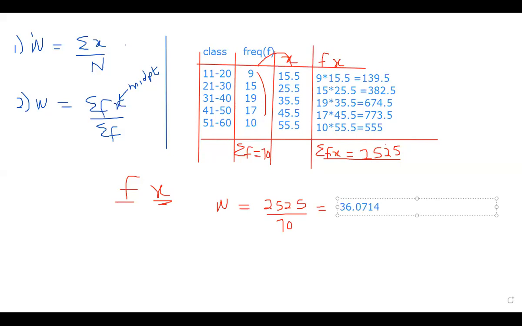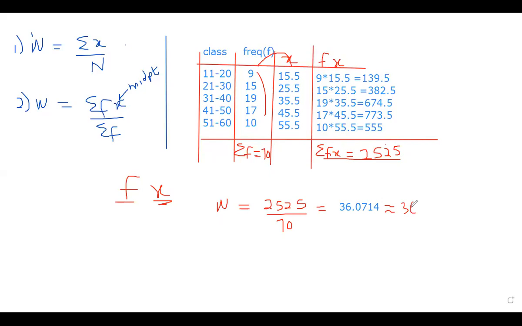Okay, so that is our mean. So the mean of the data set is 36.0714. Depending on the type of data set, you can approximate it. If the data set is in whole numbers, just approximate it to a whole number. So that will make it 36.